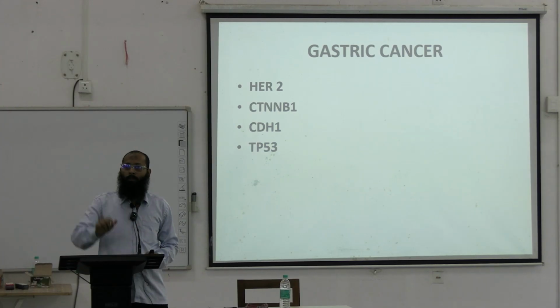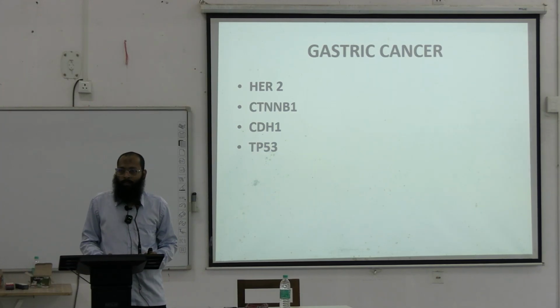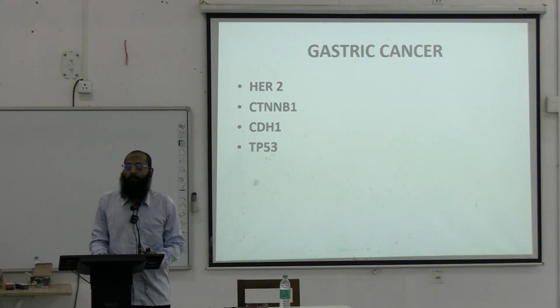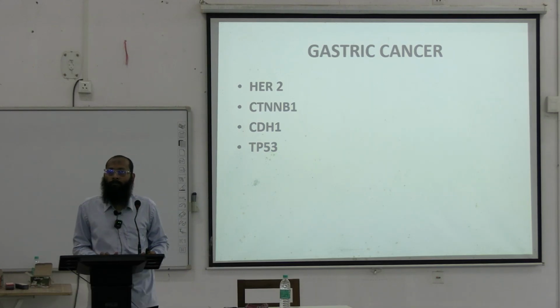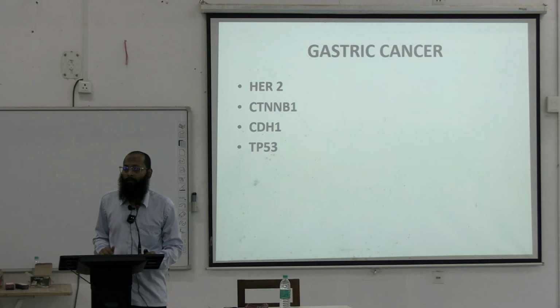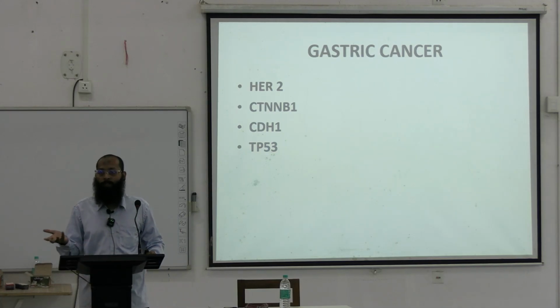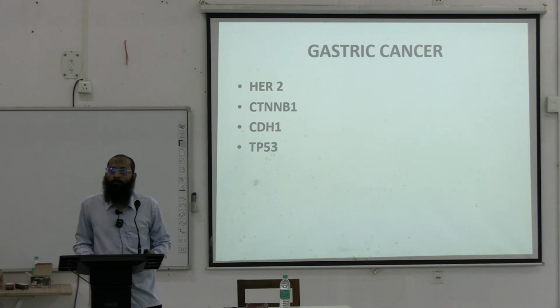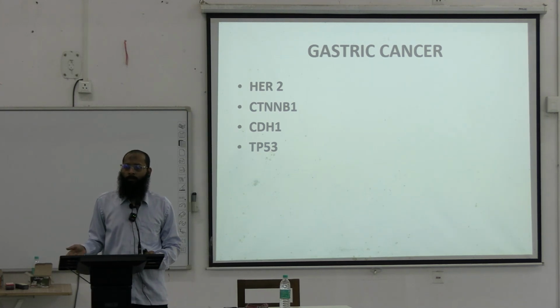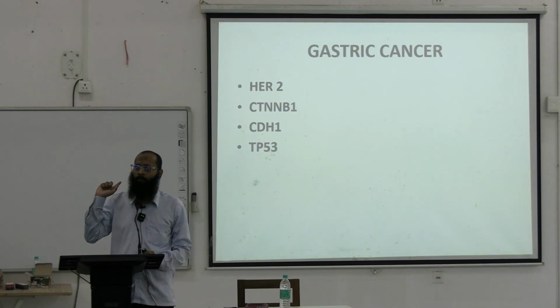Okay, you sit down, you tell me. How does this HER2 mutation cause stomach cancer? What is the HER2 gene? Means the protein, HER2 protein, what is its function? Just now I have told that. There were 3-4 MCQs, and HER2 was among them.